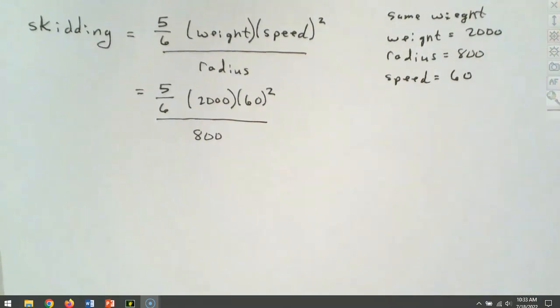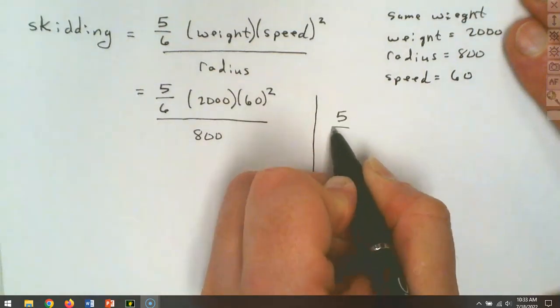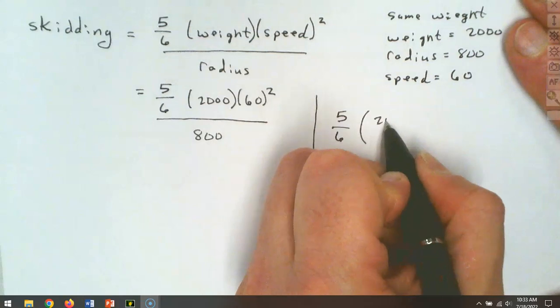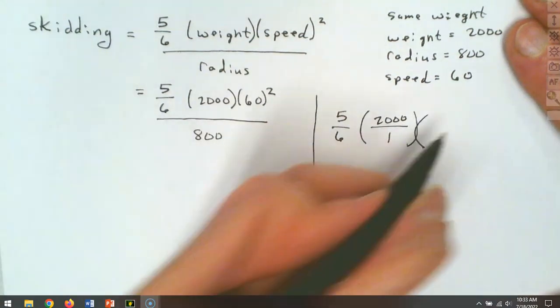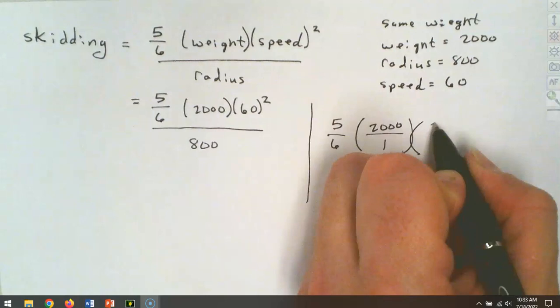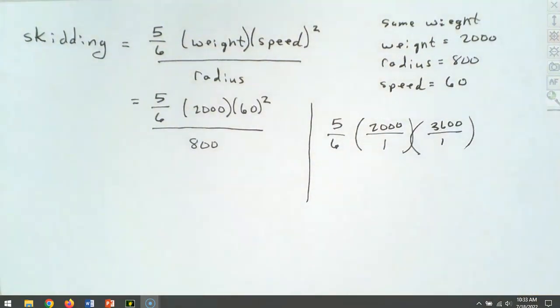Okay, so let's just go ahead and work this out. And I'll just do the numerator over here. And 60 squared is 3,600. And we'll just do some cross multiplying here.